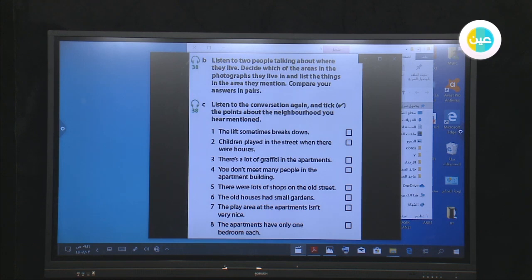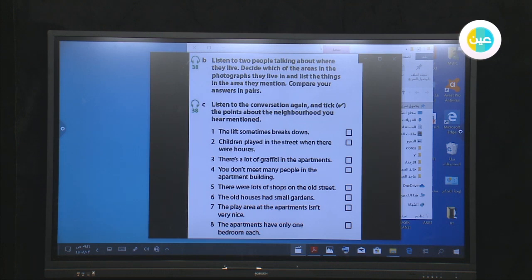Really? Well, we have the play area, but it's not a very pleasant place for the kids to play. You're so right. The apartments are very functional, but for older people, it's quite lonely sometimes. I can imagine. Well, I like it here, but I've always lived in apartments.